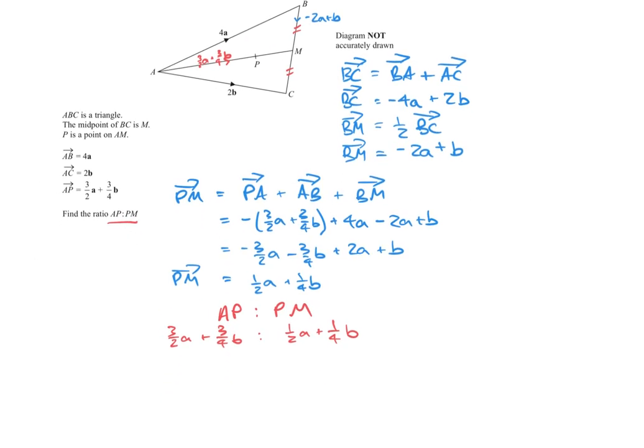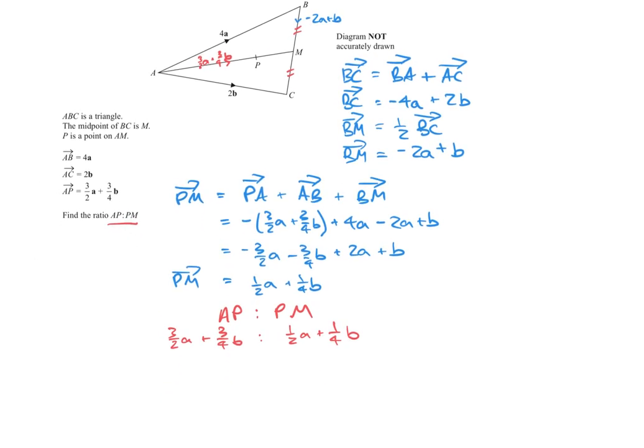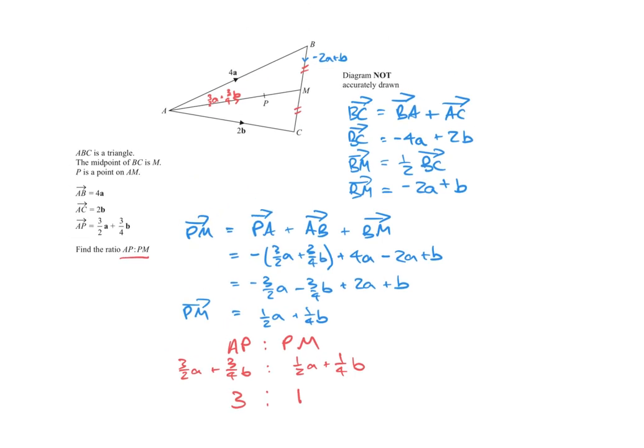Now if you just look at that for a second, what have we got here? Well, 3 over 2 is 3 times 1/2, and 3/4 is 3 times 1/4. So the ratio is just simply 3 to 1. Everything here is 3 times as big as everything here, and that will be my answer.